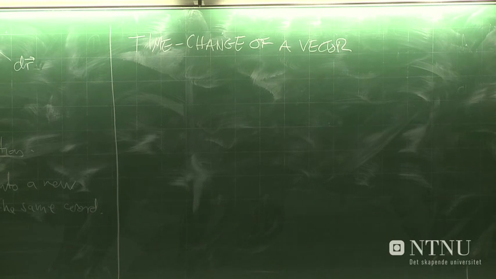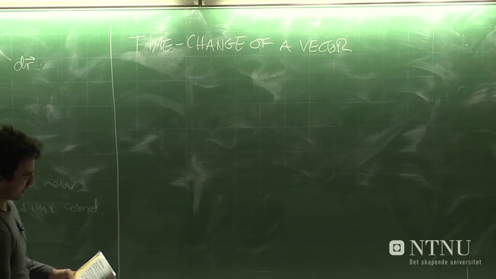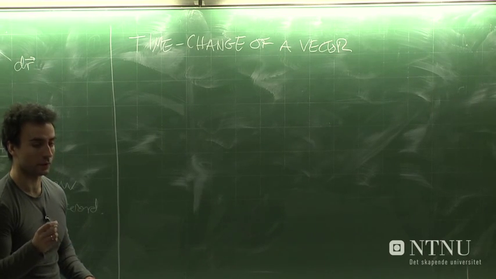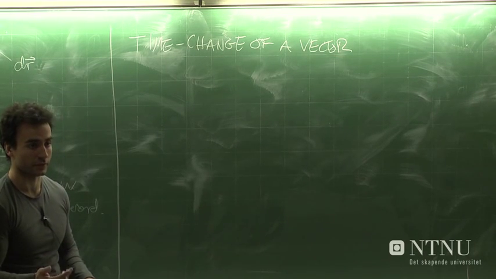So the point is that for an arbitrary vector, the evolution of this vector in time, or how it changes with time, will depend on what kind of coordinate system you are positioned in as an observer.